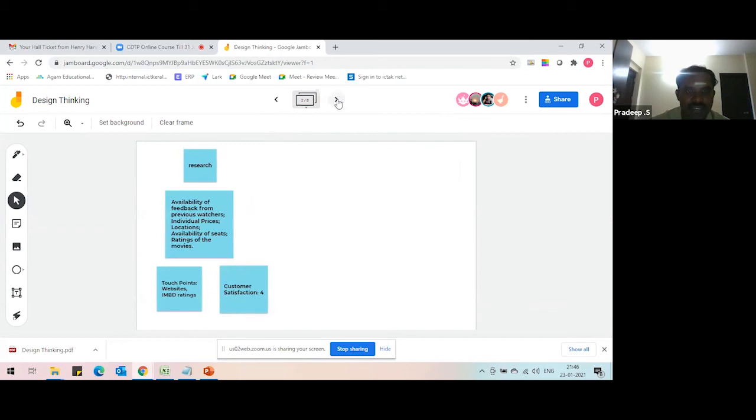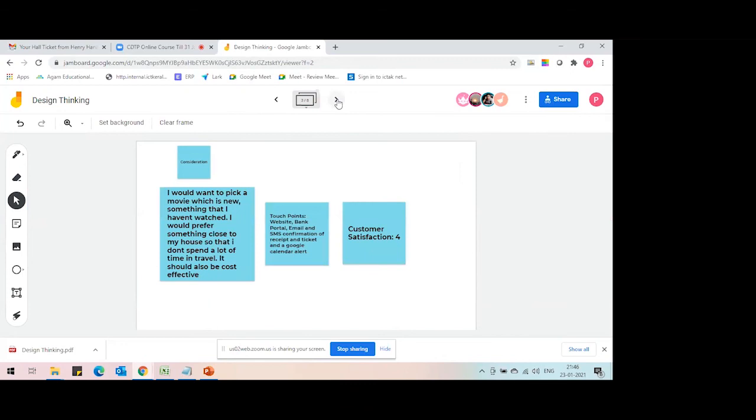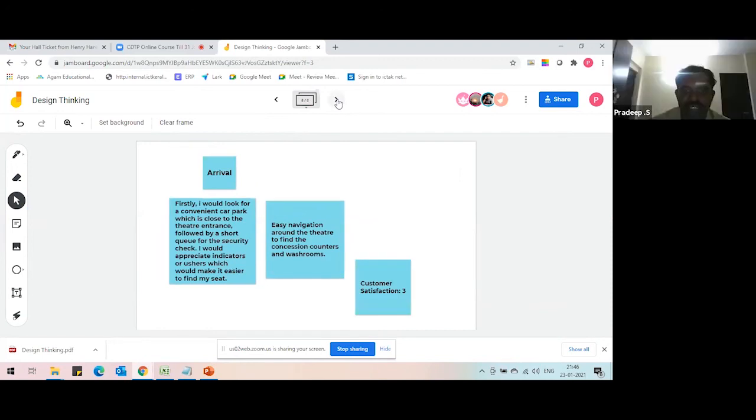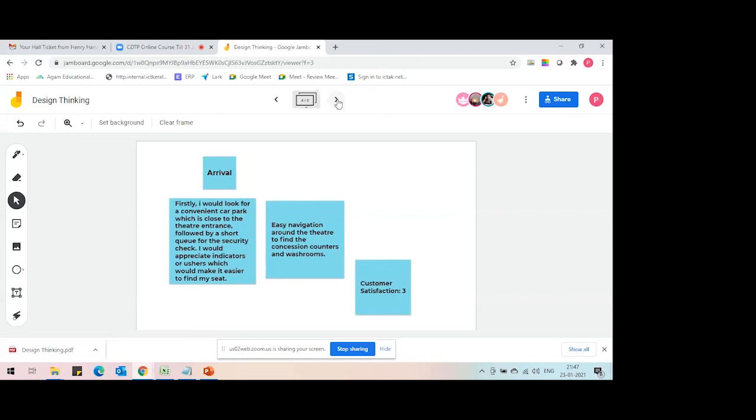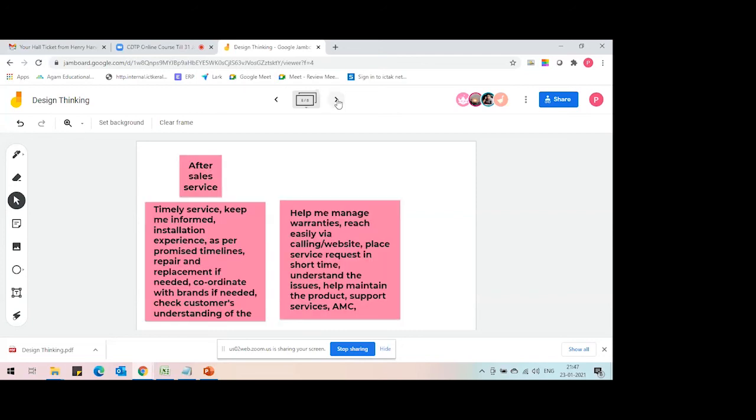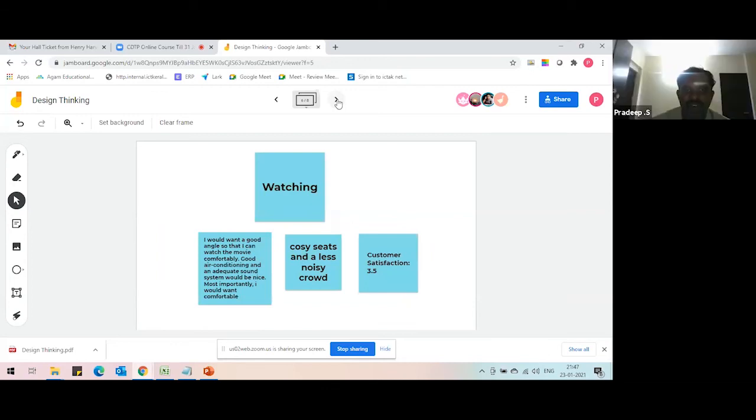Then research is 4. Consideration is 4. Then arrival is 3. Then watching is 3.5.